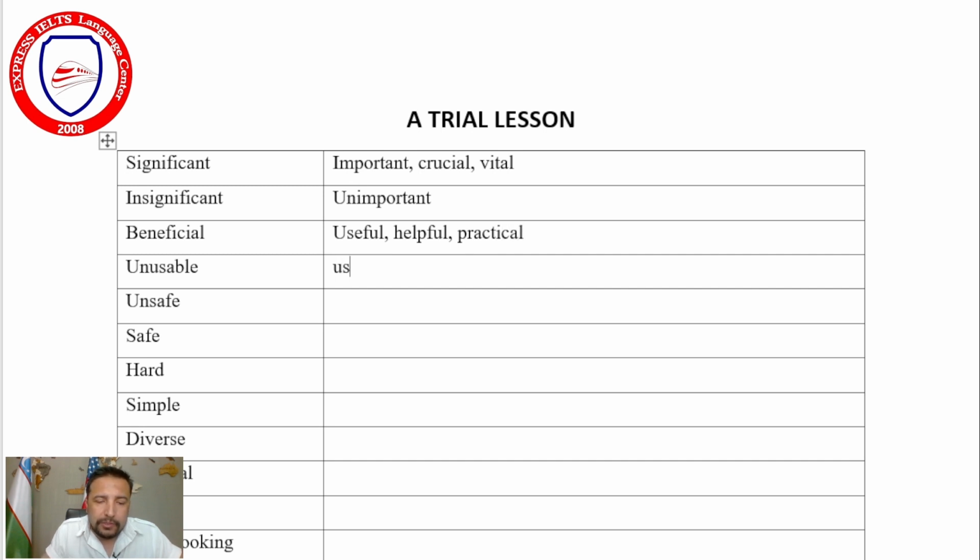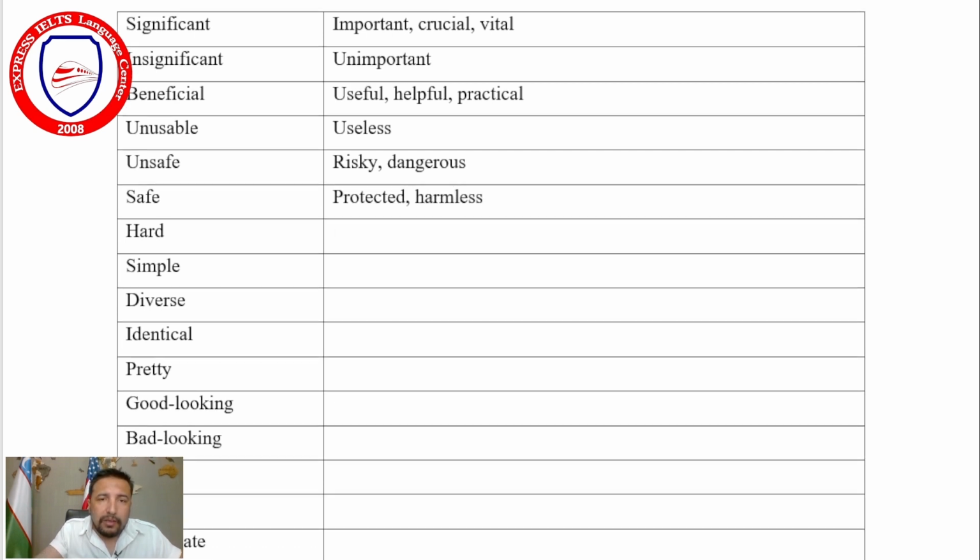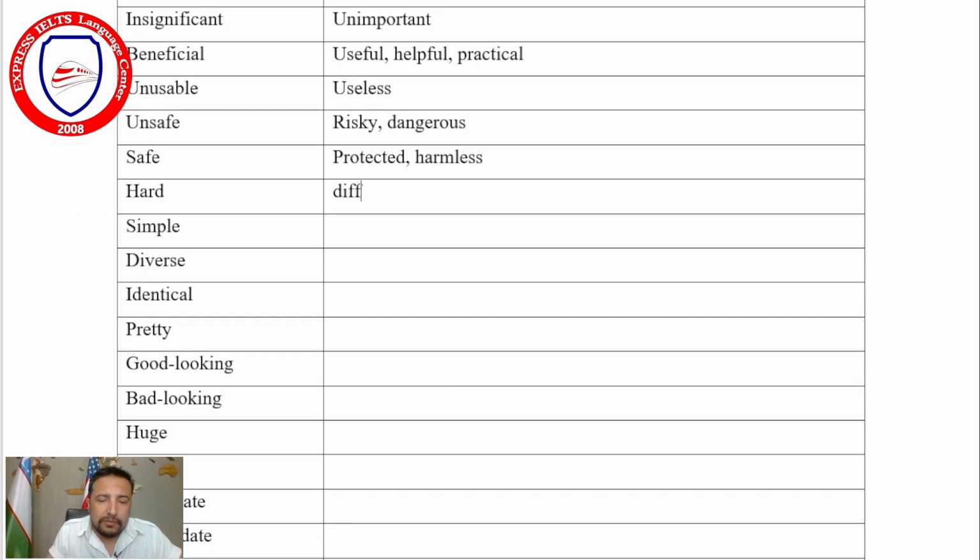Unusable, it means like useless. Unsafe, it means risky. It means like dangerous. And safe, it means like protected and harmless. Okay, hard, it means like difficult. It may be challenging. Okay, simple, it may be easy. Sometimes it can be ordinary.